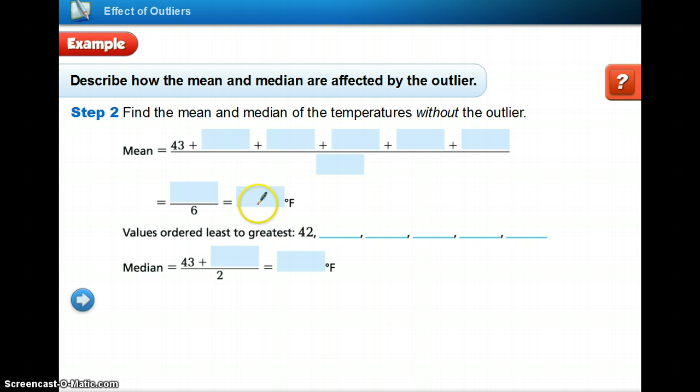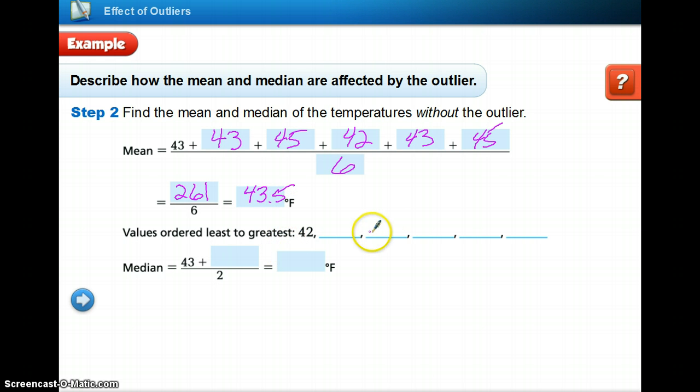So if we take the mean without the outlier, we have 43, 43, 45, 42, 43, 45. We're going to add all those together and divide by 6. When we add those together, we get 261. And when we divide by 6, we get 43 and a half.